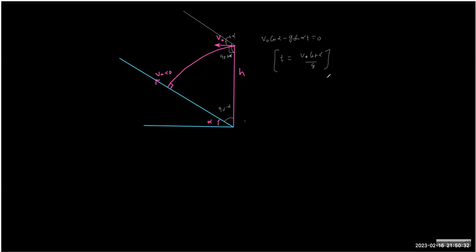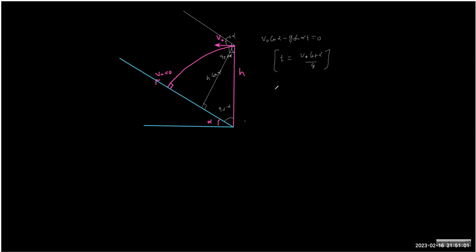Then I have again a few thousand ways of solving this question. First I'll solve with the very basic one which you understand, the displacement method. If I draw a perpendicular, then this is the displacement in the direction normal to the plane. And this is h cos alpha.